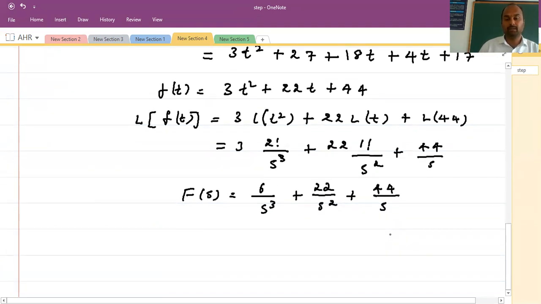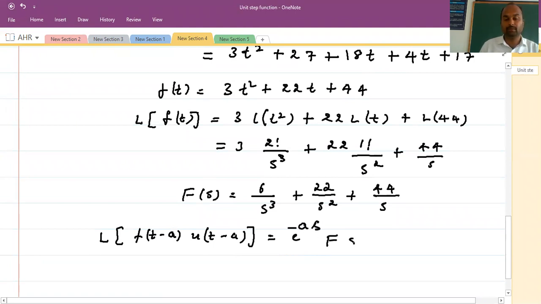So this is the f of s. Now we'll use the property. The property says that Laplace transform of f of t minus a into u of t minus a will be equal to e to the power of minus as into f of s.